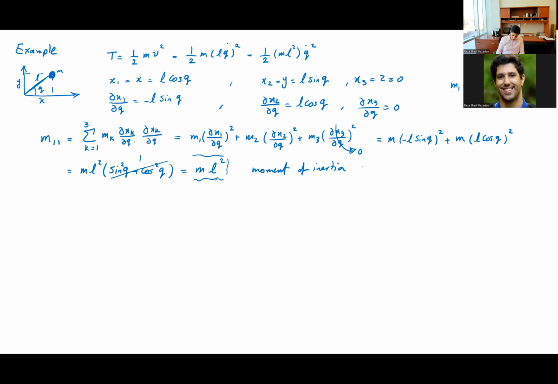And from here, my kinetic energy is 1/2 summation, and I only have one coordinate, so i and j equal 1 to 1, m_ij q dot i q dot j. So it's only one term, and that is 1/2 m_11 q dot squared, which is 1/2 m L squared q dot squared.